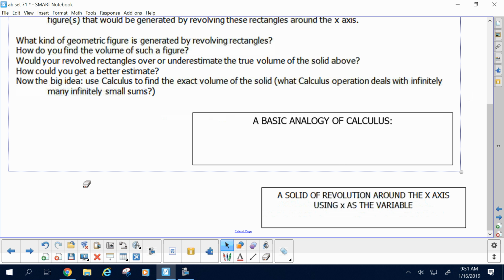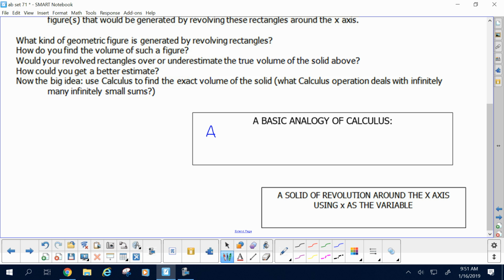Now then, a basic analogy of calculus: area by rectangles is to area under a curve as volume by cylinders is to a volume of revolution.